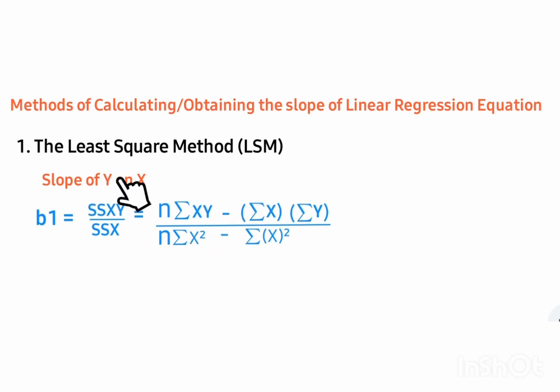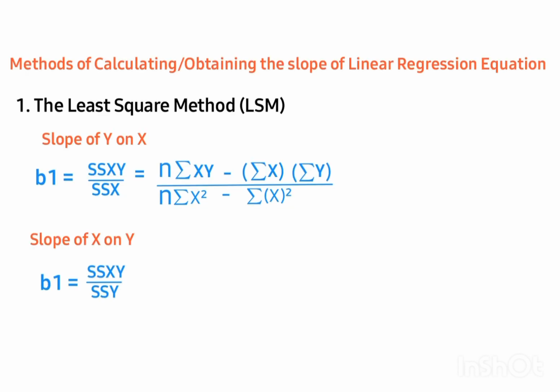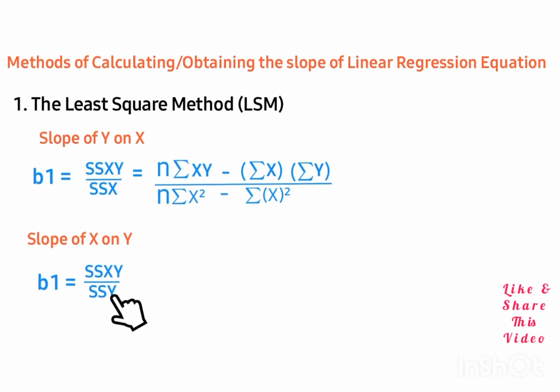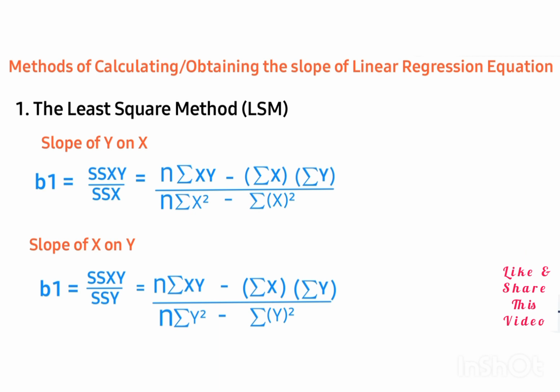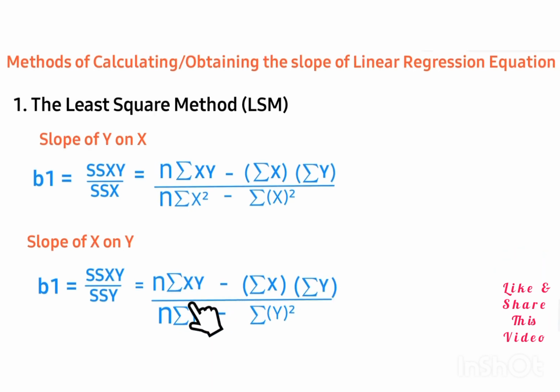And so let's also take a look at the formula we use to calculate the slope of x on y. So the slope of x on y would be b1 equals sum of squares xy divided by sum of squares y, where sum of squares xy equals n times summation xy minus summation x times summation y, and sum of squares y is n times summation y squared minus summation y all squared.